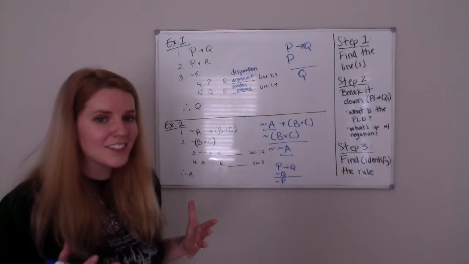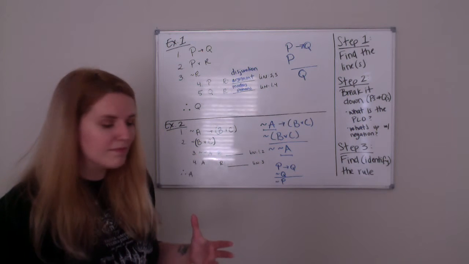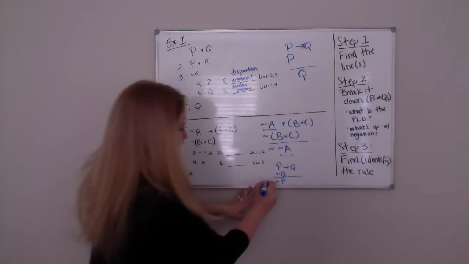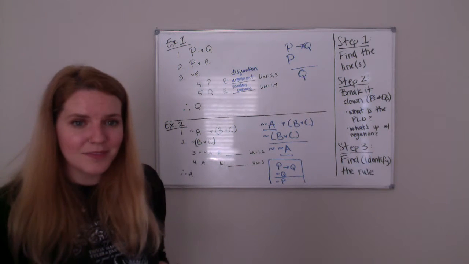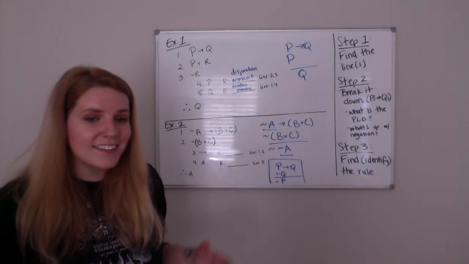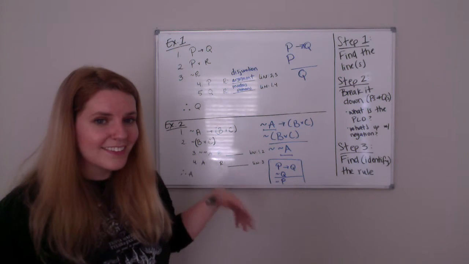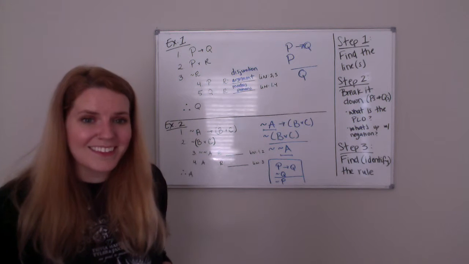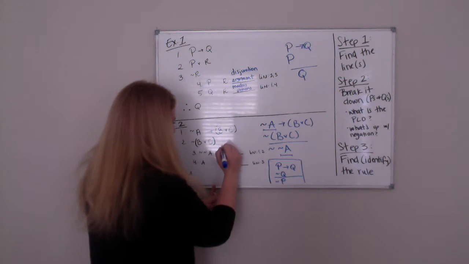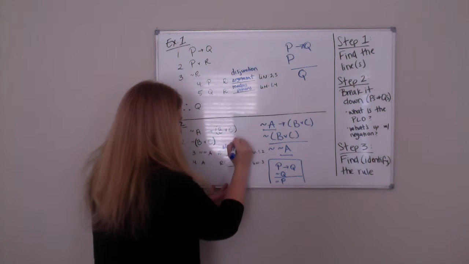So this essentially takes the exact same form as: if P then Q, not Q, therefore not P. Does this look like any pattern of deduction in your book? Yeah, this is modus tollens. All right, so we have modus tollens.